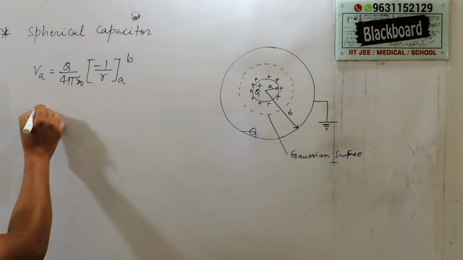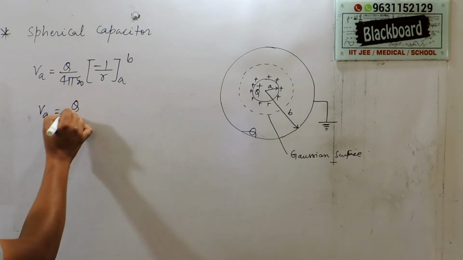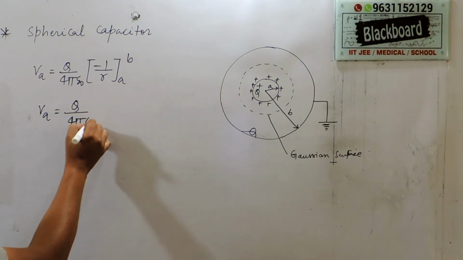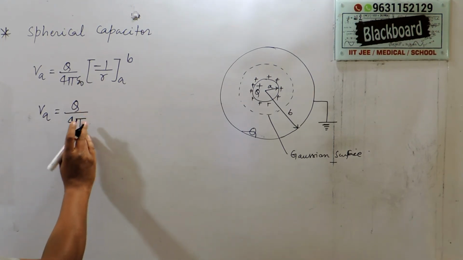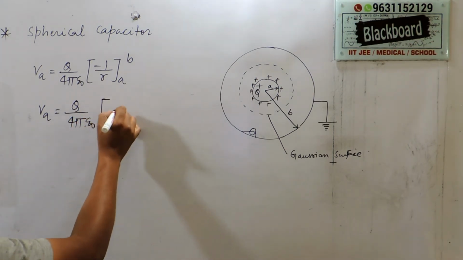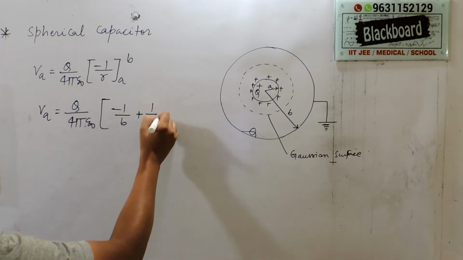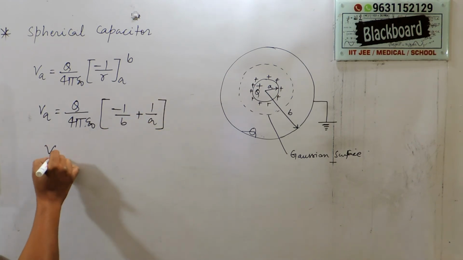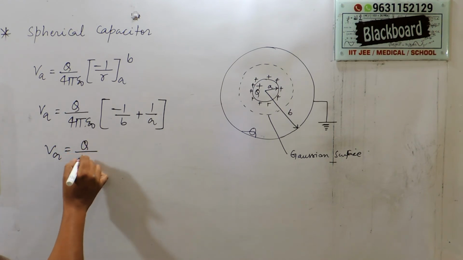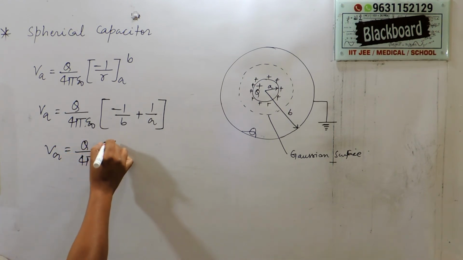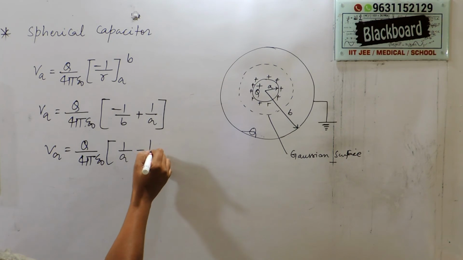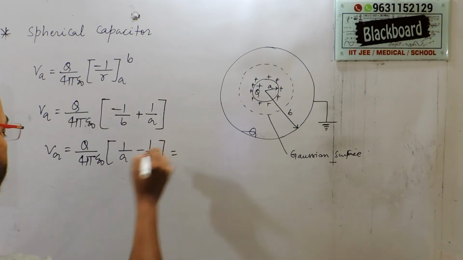Now substitute the limits. You will get VA equals q by 4 pi epsilon naught into minus 1 by b plus 1 by a. That means VA is q by 4 pi epsilon naught into 1 by a minus 1 by b.